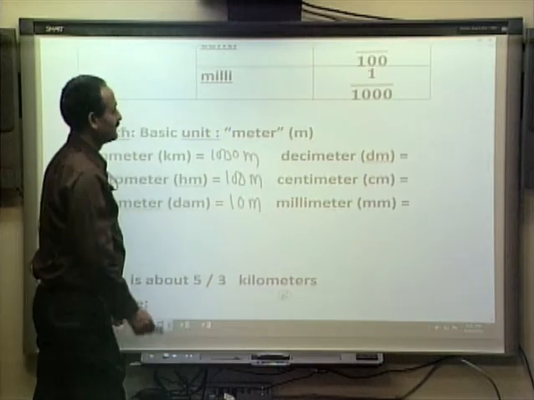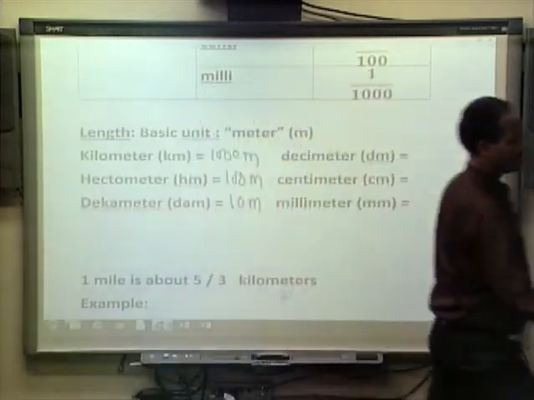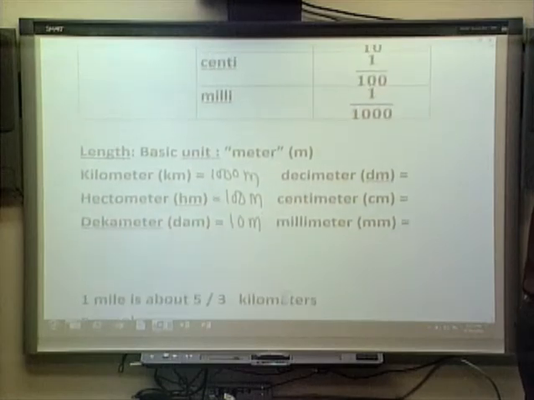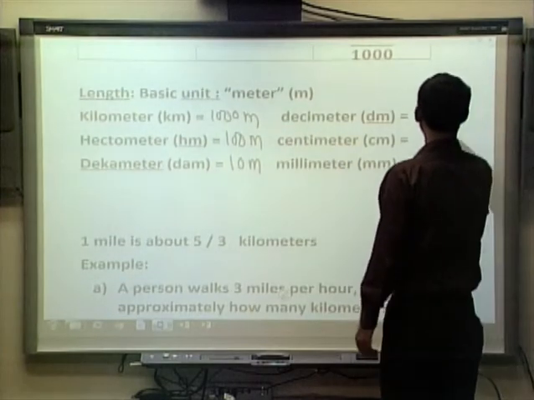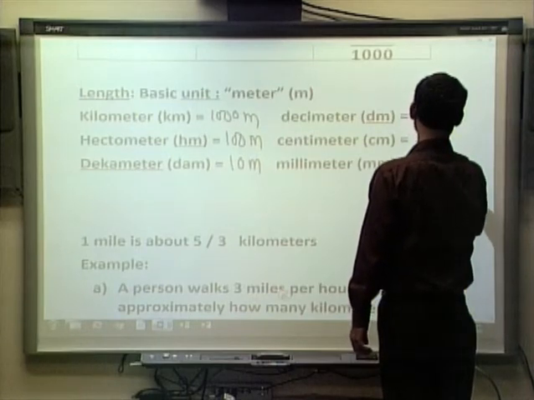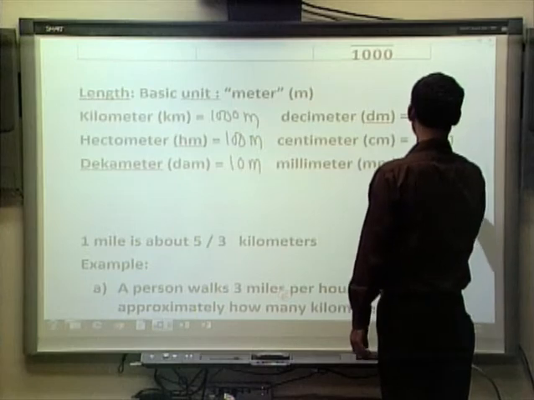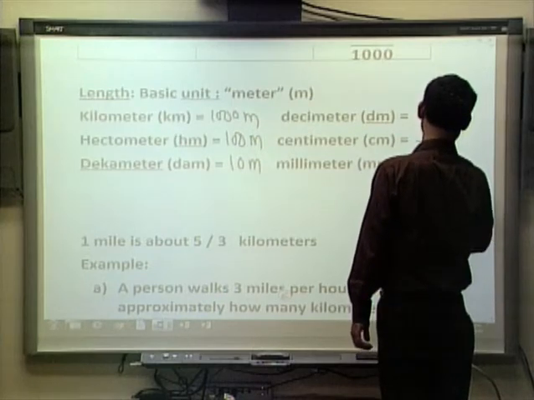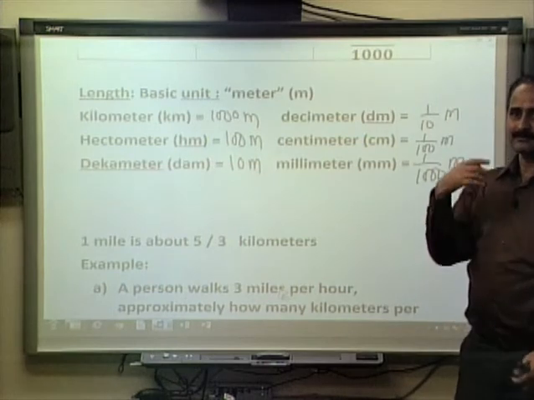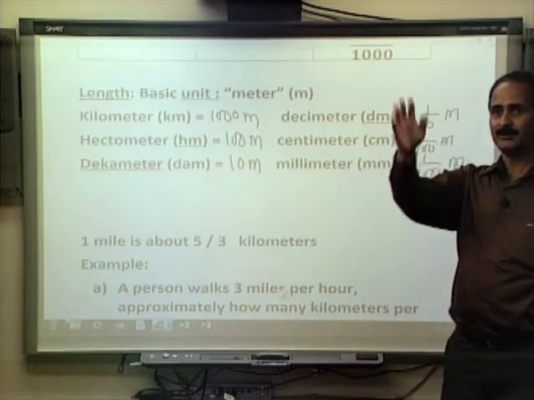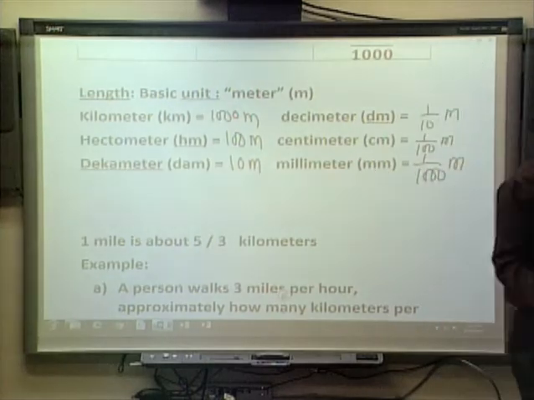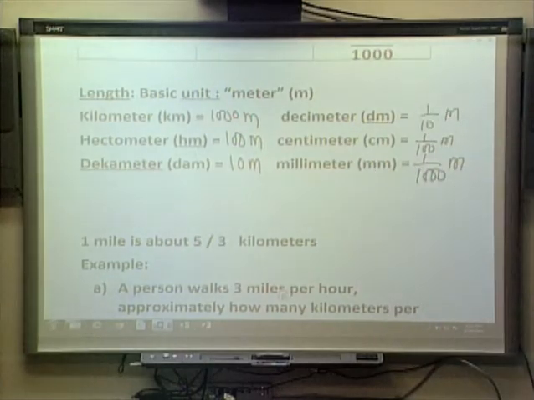Similarly, decimeter is 1/10 of a meter, and centimeter is 1/100 of a meter, and millimeter is 1/1000 of a meter. Easy. 10, 100, 1000, 1/10, 1/100, 1/1000. We have all the units for length.